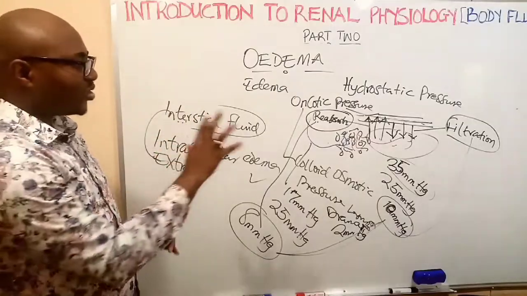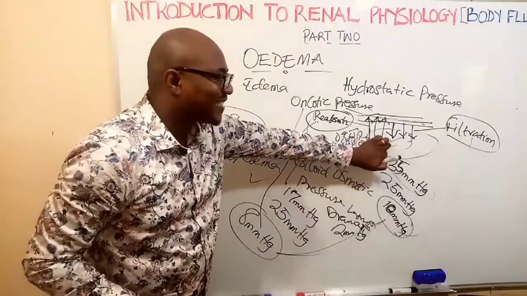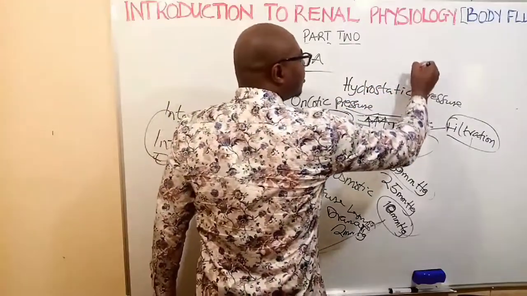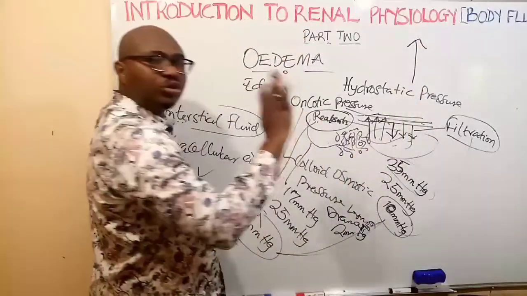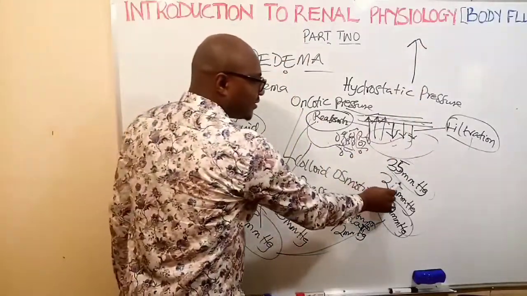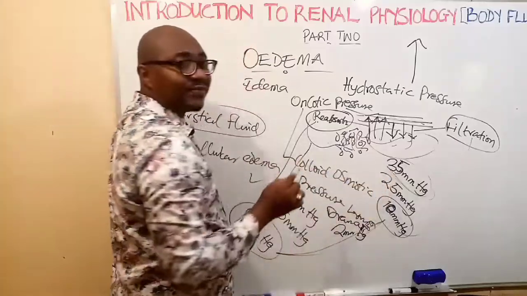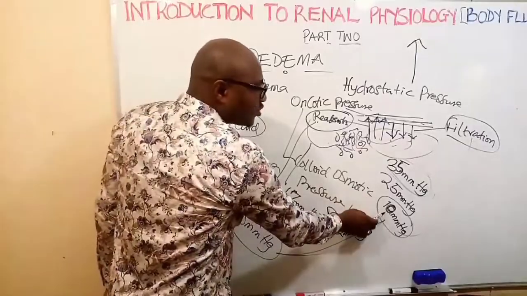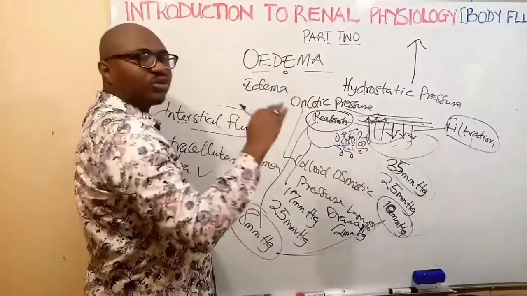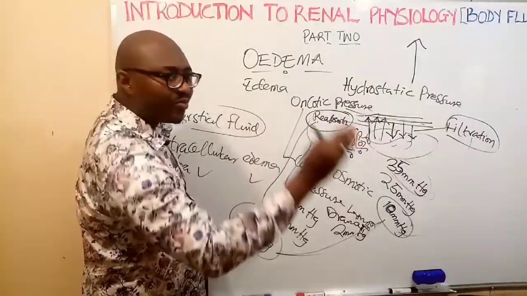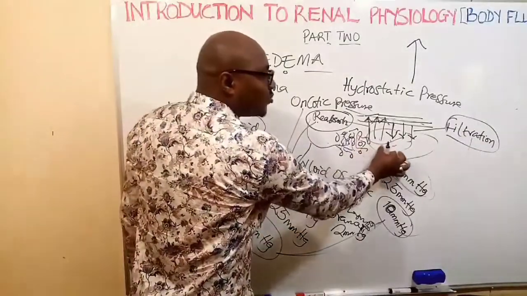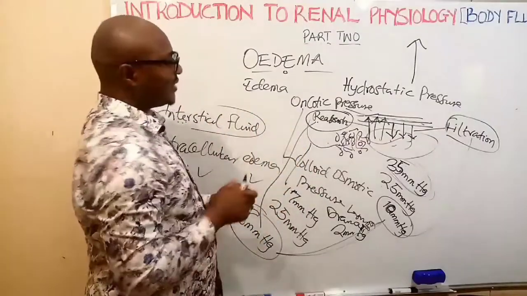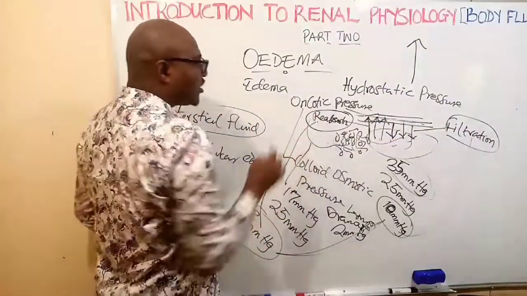Three things. So logically, what do you think will lead to excess of interstitial fluid? If hydrostatic pressure is increased beyond normal, that means instead of 35, it goes to 40, 45, it's going to be more than 10. So filtration is going to predominate and it will cause accumulation of excess fluid, leading to edema. Another thing, reabsorption, oncotic pressure.